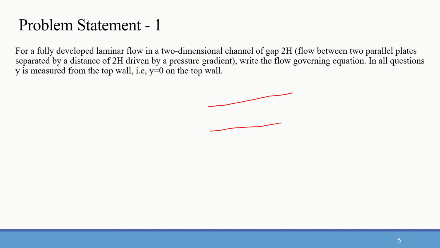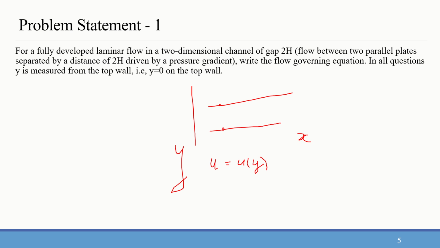So this is the x direction and this is the y direction. Here we are seeing a fully developed flow, and the flow is also driven by the pressure gradient. So here we are saying u is a function of y. The most common condition which we will be using is that the flow at the walls will be equal to the wall boundary condition.